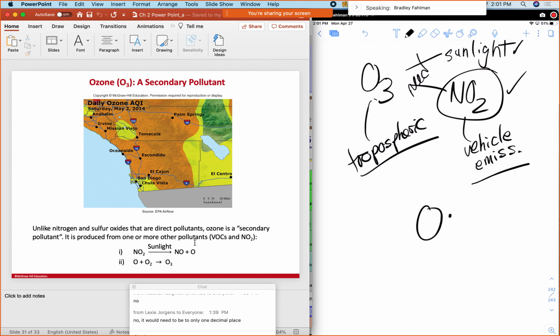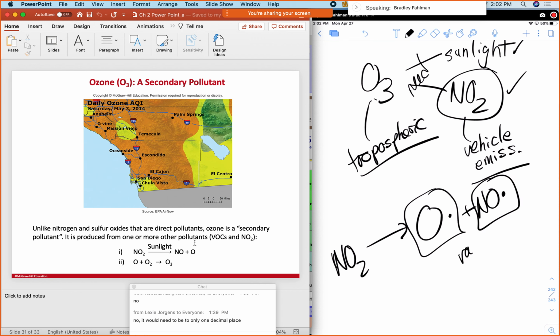Explicitly, that first reaction really should be this. That means you're breaking apart a bond in NO2, and these with dots are radicals, sometimes called free radicals. This dot means that there is an unpaired electron.